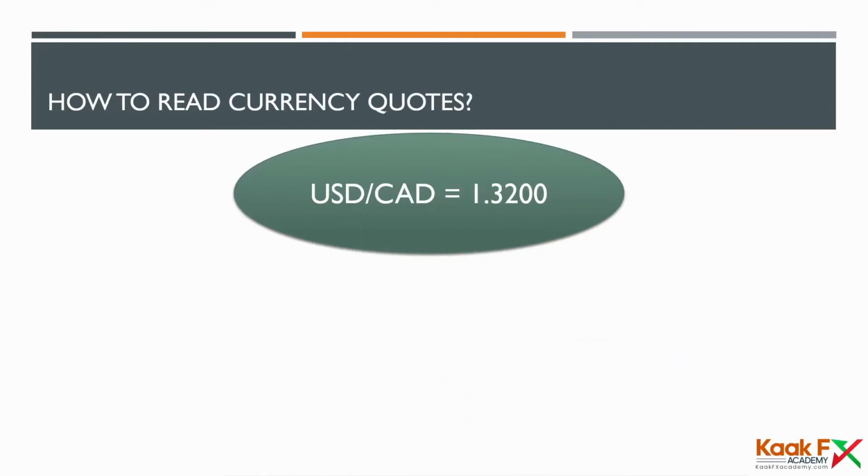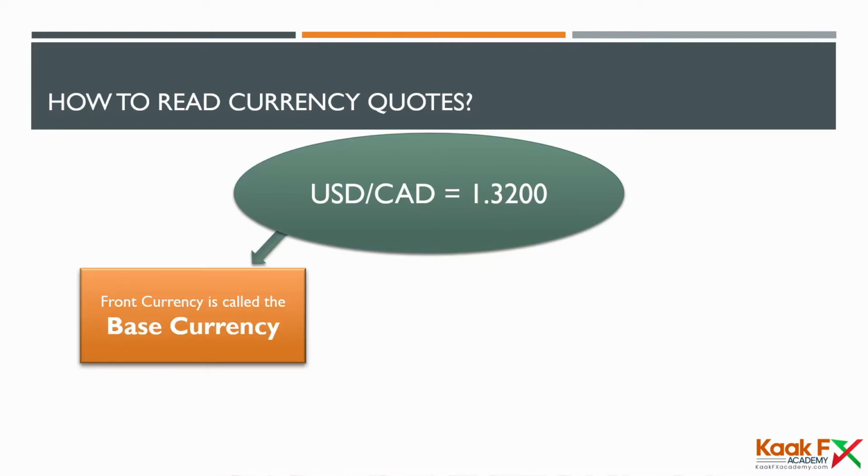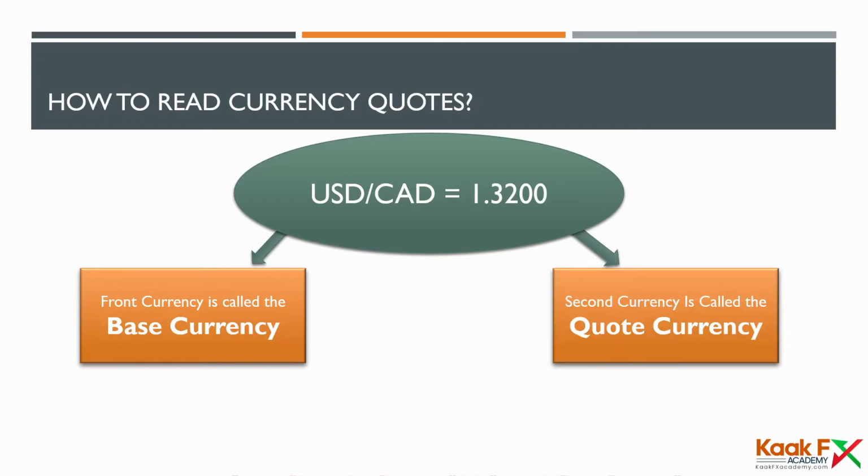Okay, let's take a look at how to read the currency codes. Now we looked at currency pairs, let's take a look at an actual code here. So we have the US Canada pair here, and it is quoted at 1.32. So what does that mean to us? In the front we have the US dollar, which would be considered the base currency.